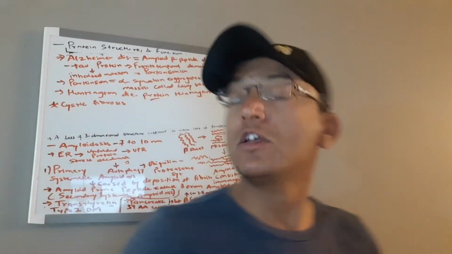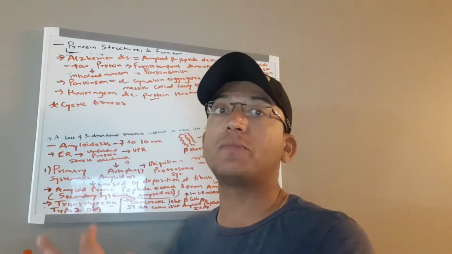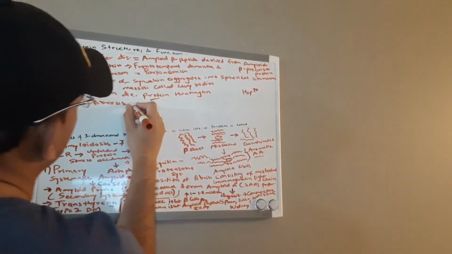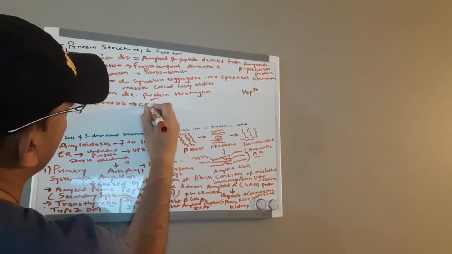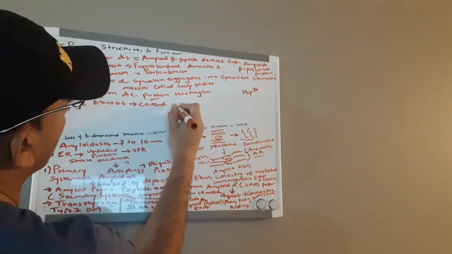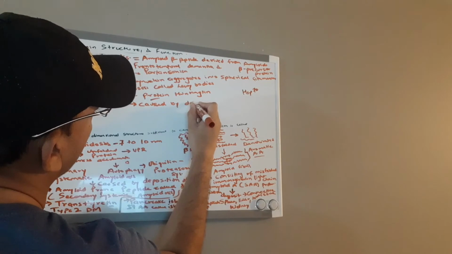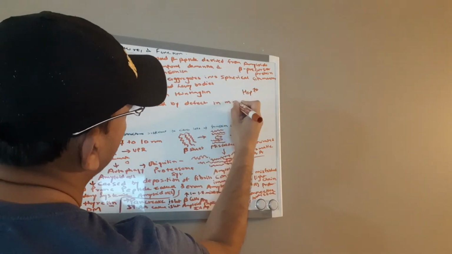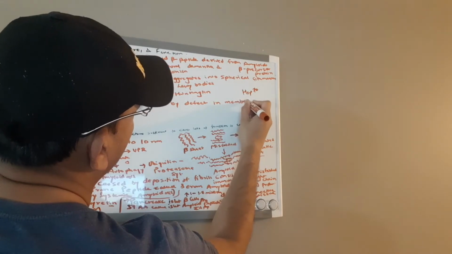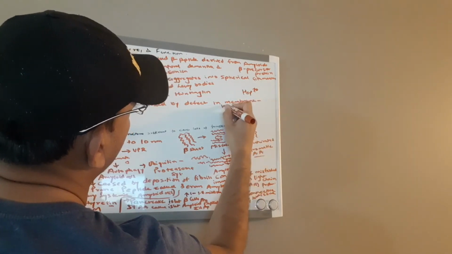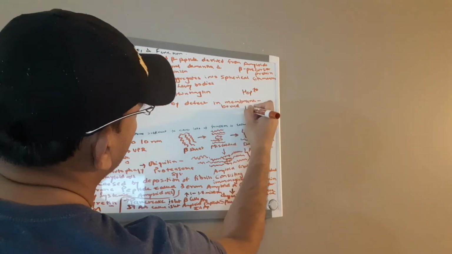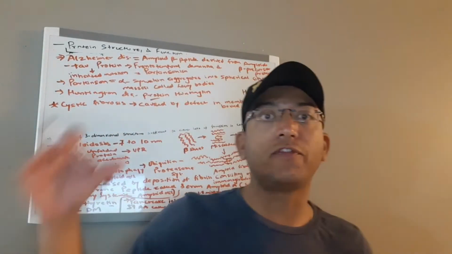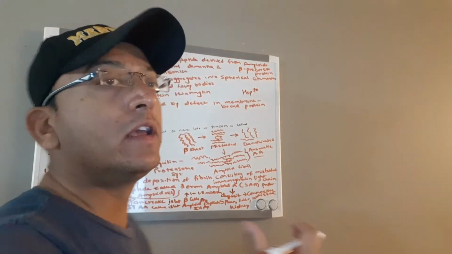Cystic fibrosis is caused by defects in a membrane bound protein. I will write here, caused by defect in membrane bound protein.